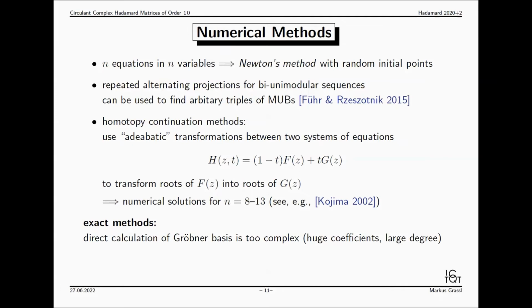You have a system of equations, capital F of C, where C is multiple variables, and you have your target system of equations, G of C. What you do is vary the parameter T from 0 to 1, transforming the system of equations from F to G. Along this path of transformations, you hope that with this small perturbation you preserve your roots. And there are methods for counting how many roots you expect for your system of equations and how to transform this.